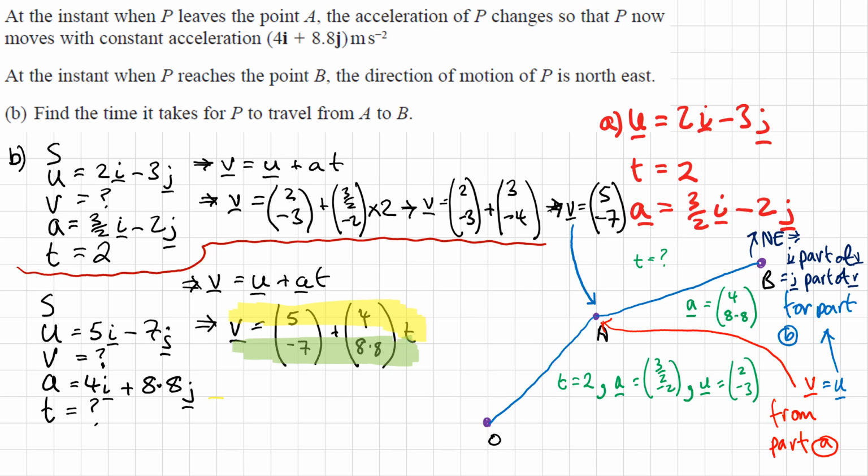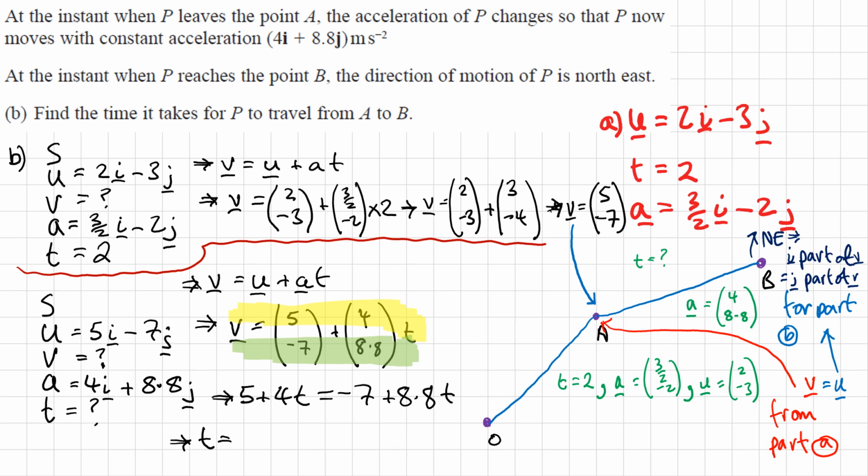So if I do that, I will have 5 plus 4t, that's what I get from the top row, my i part. It's going to equal my j part, which is negative 7 plus 8.8t, and we just solve for t.